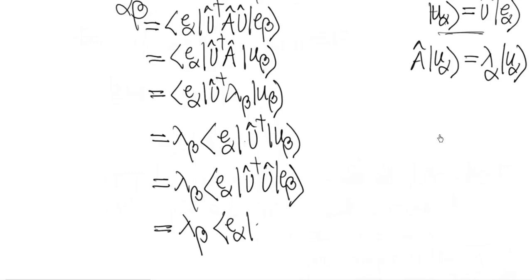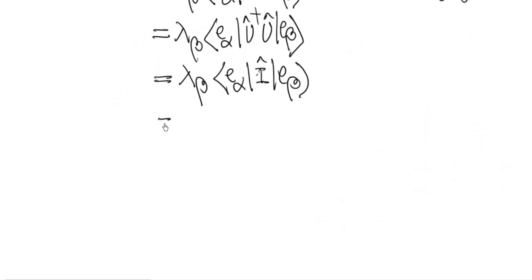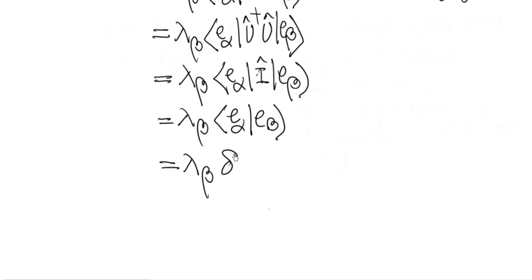But we know the property of the unitary operator U is U dagger U equal to I, the identity operator. So we can use here I. And this is nothing but this, and the inner product of basis vectors ket E alpha and ket E beta is this, and this is the delta alpha beta.